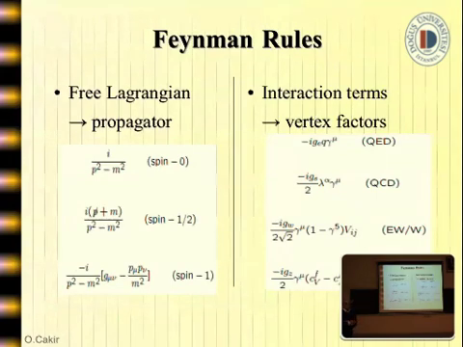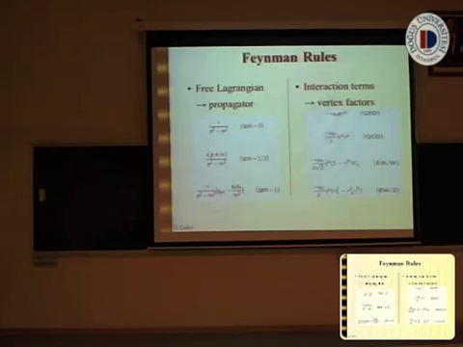So we have free Lagrangian terms and interaction Lagrangian terms. We can derive the vertex factor from the interaction Lagrangian terms and the propagators from the free Lagrangian terms. For spin 0 the propagator will be given in this form, for spin 1/2 in this form, and for spin 1, this one.